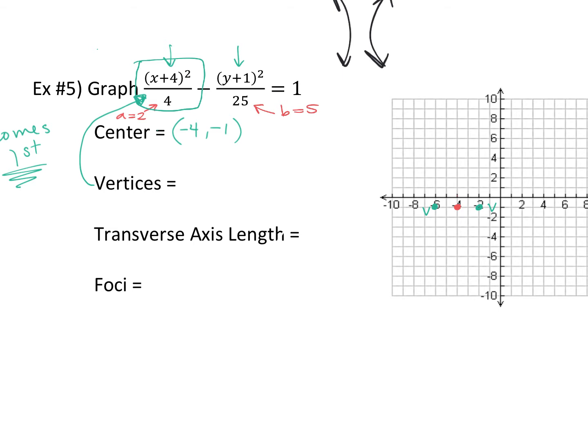How do I get my rectangle? The y, right? How far are you going to move on your y? 5. Your b value is 5. So you're going to go up 5, 1, 2, 3, 4, 5, and put a little hash mark, and down 5, 1, 2, 3, 4, 5, and put a little hash mark. So you have your rectangle.